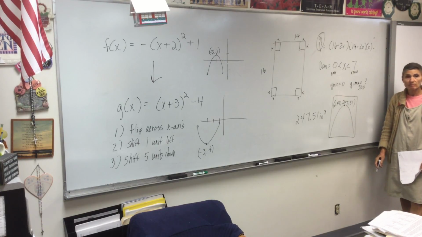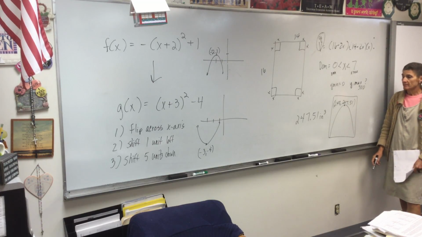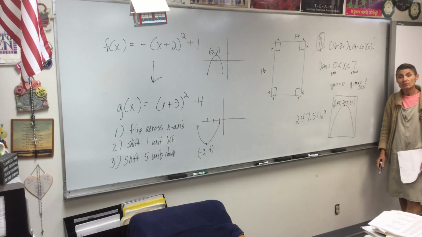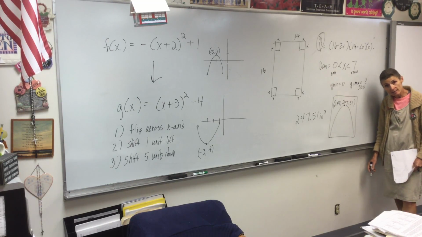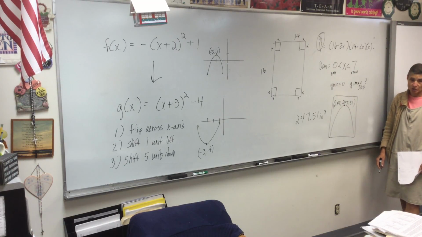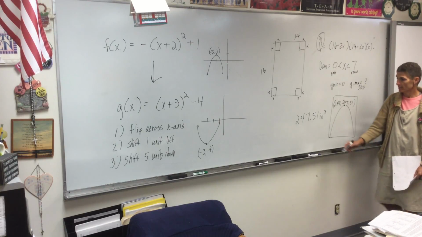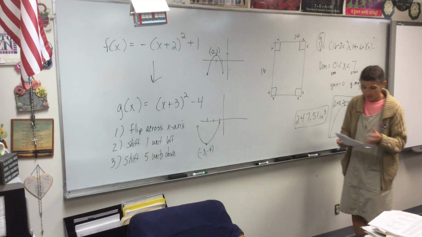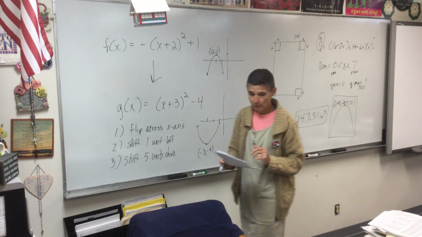That is the maximum volume. If the question had been, how big do the cutouts have to be? The answer would be 2.48 inches. But it said, what's the volume? So that's our answer. The rest of that stuff we don't need to be worried about.